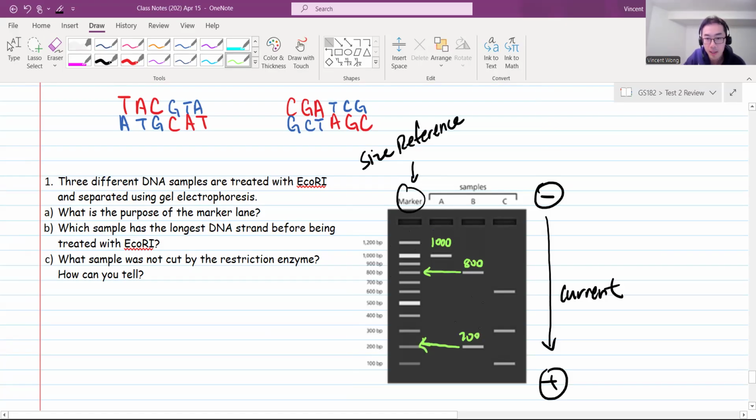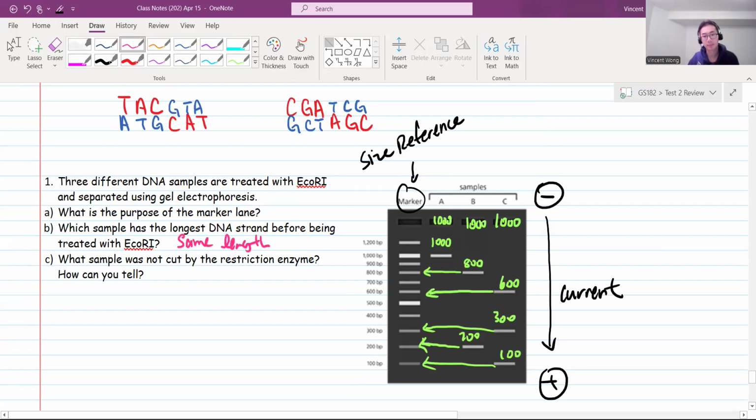So 200 plus 800 is actually 1,000 again. And then over here, 600, 300, and 100. And it also adds up to 1,000. So this is a trick question. Same size, same length before cutting.